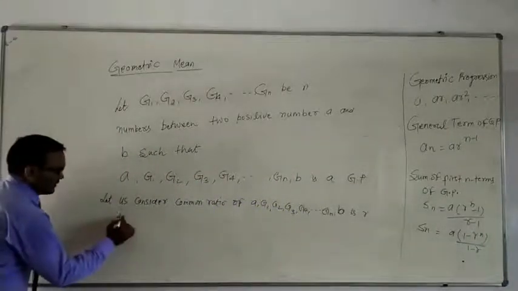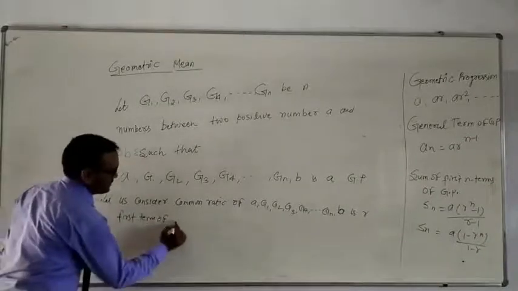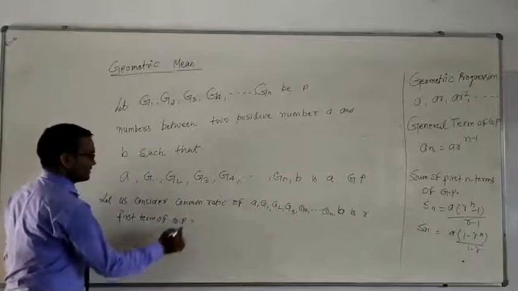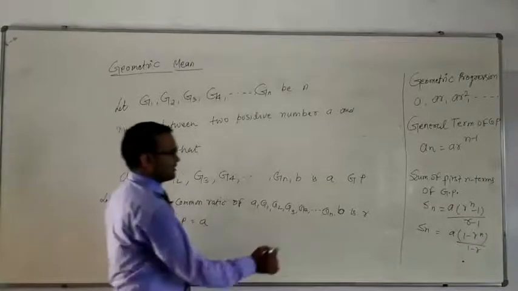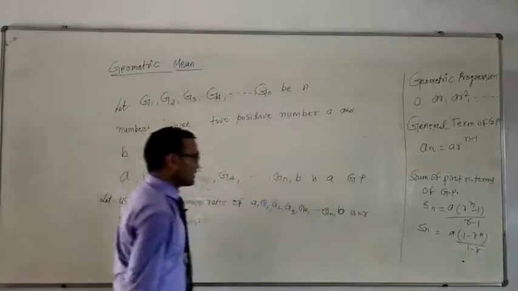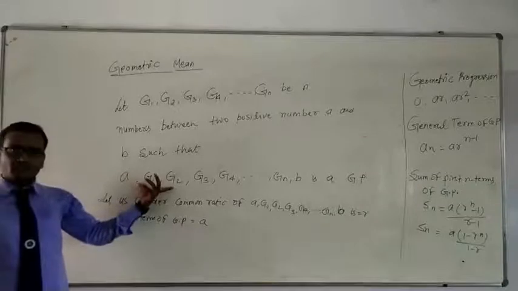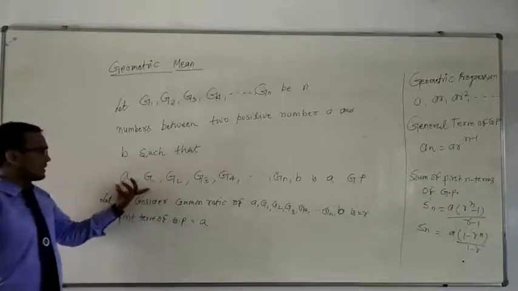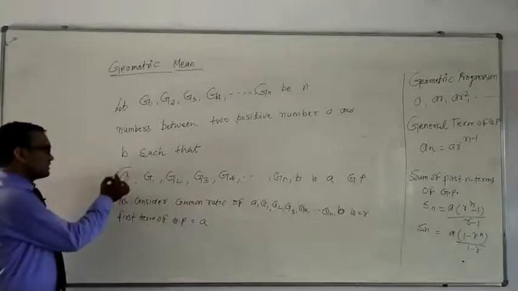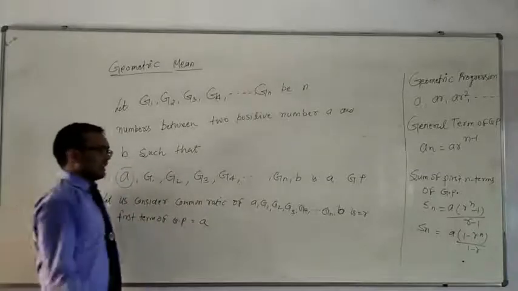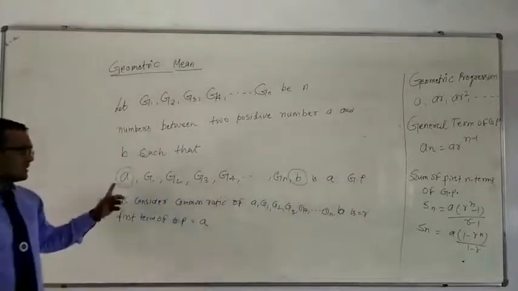The first term of this GP is A and the common ratio of this GP is r, and the last term of this GP is B. How many terms are in this GP?